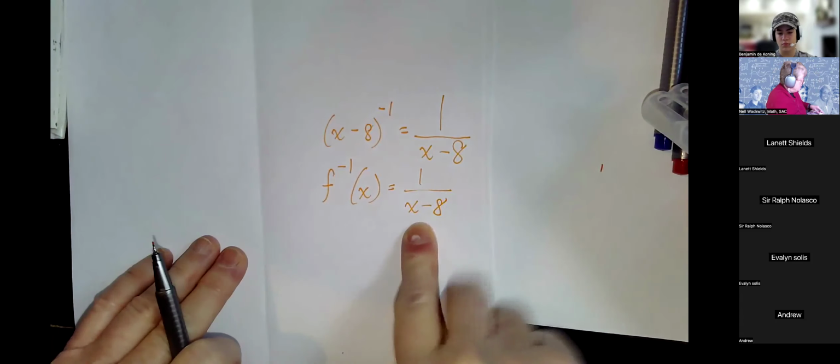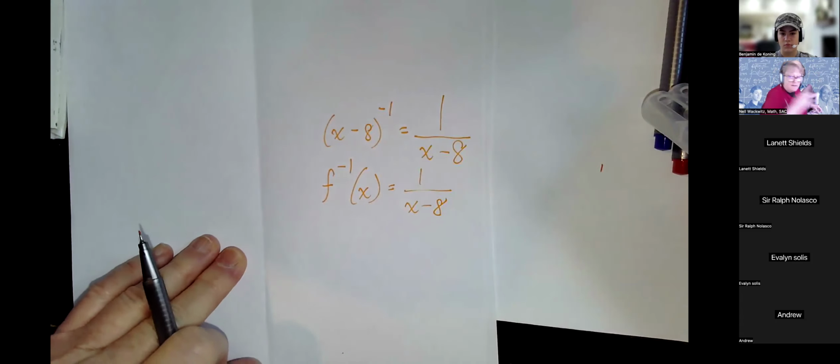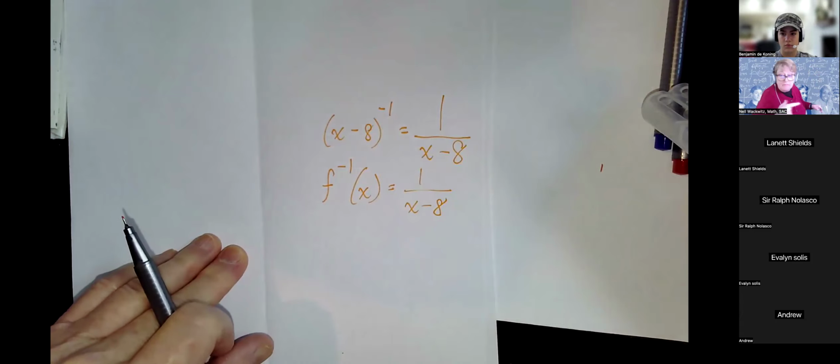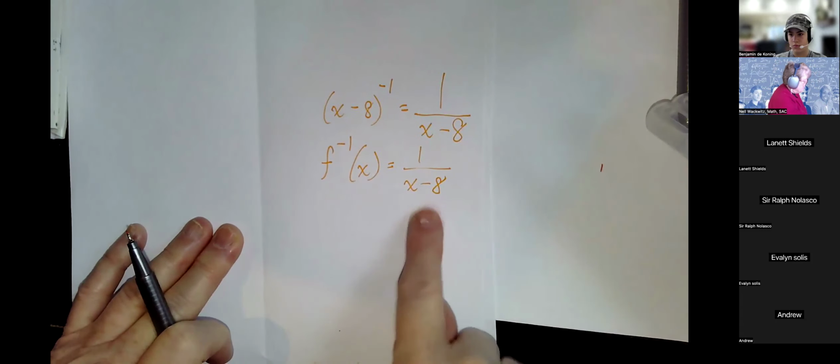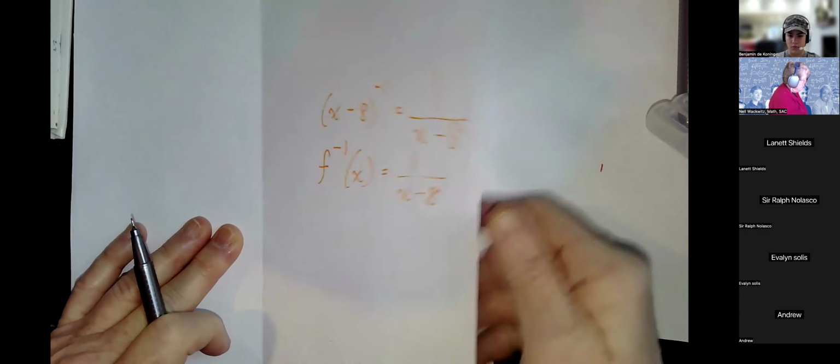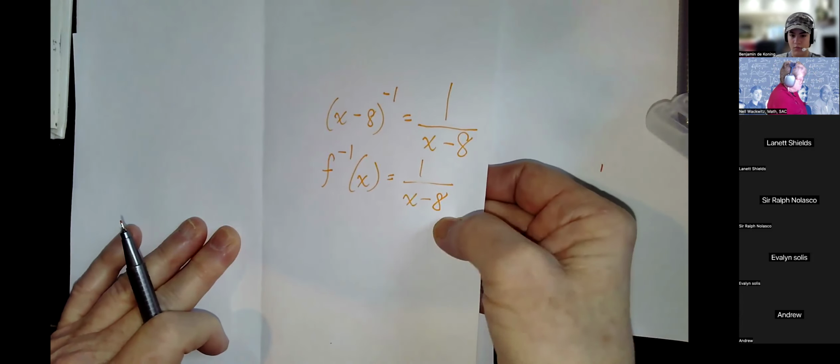This does not mean x minus 8. We're not flipping it. And in fact, let's go through the steps and find the inverse, find the original function of this 1 over x minus 8. And the steps are here.